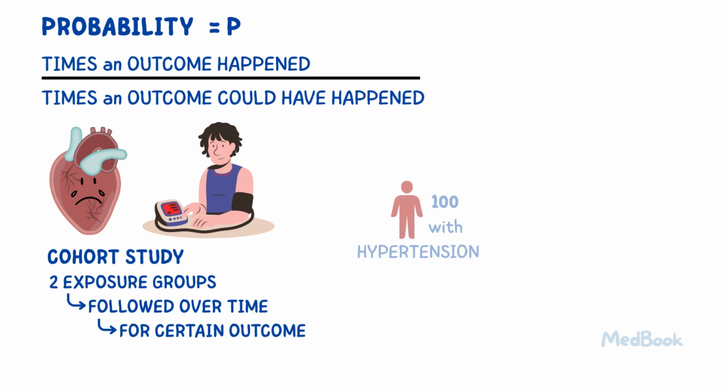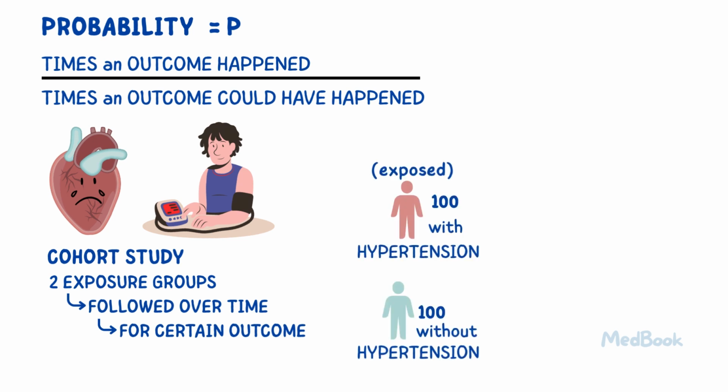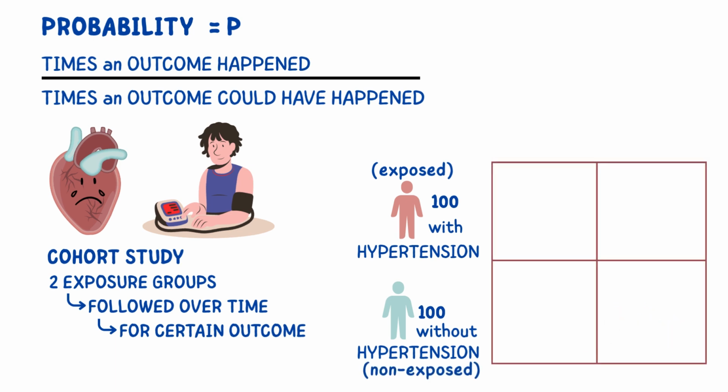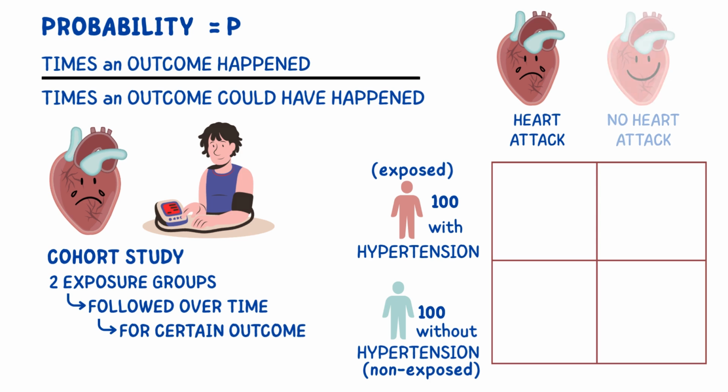We could recruit 100 people with hypertension, the exposed group, and 100 people without hypertension, the non-exposed group, and organize our results in a 2-by-2 table, and keep track of how many of them have heart attacks in the next year. The 2 outcomes, heart attack or no heart attack, labeled on the top, and the 2 exposure groups, hypertension or no hypertension, on the side, and each of the cells inside the box labeled as A, B, C, or D.